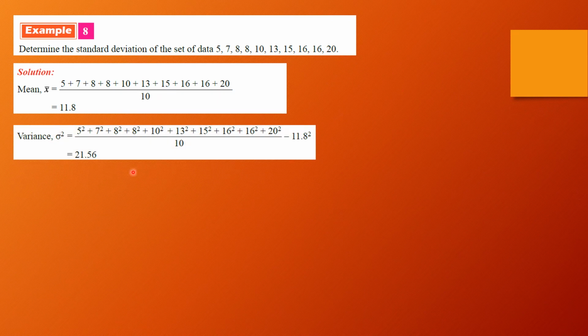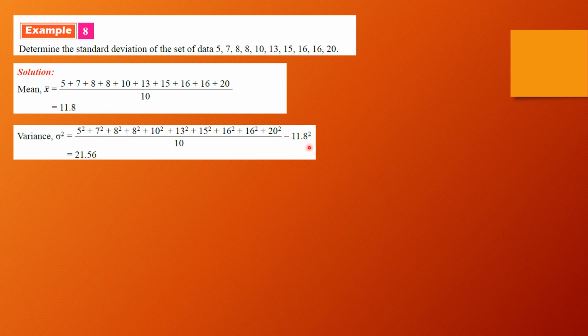Then you use the formula. Here they find the sum of square first. That means the sum of square of the data is 5 square plus 7 square plus 8 square plus 8 square plus 10 square plus 13 square plus 15 square plus 16 square plus 16 square plus 20 square divided by 10 minus mean square.